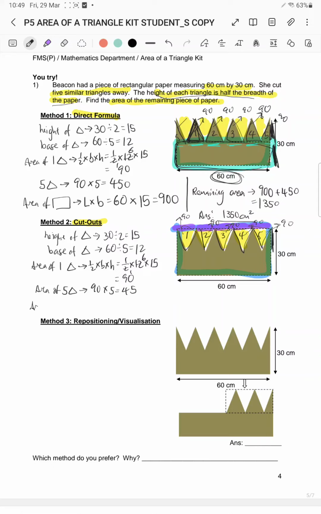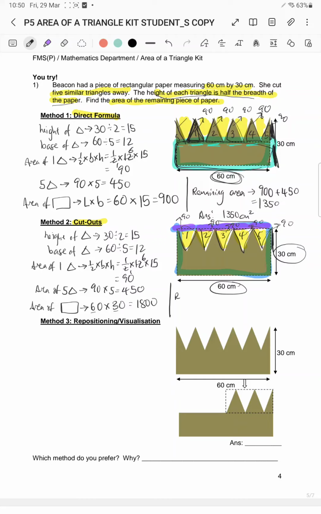Now let's find the area of the big rectangle. This time I can use 60, which is length, times the breadth, which is actually 30. I'm not looking for the smaller rectangle, but I'm looking for the bigger one. So 60 times 30, 6 times 3 is 18, plus 2 zeros, 1,800.